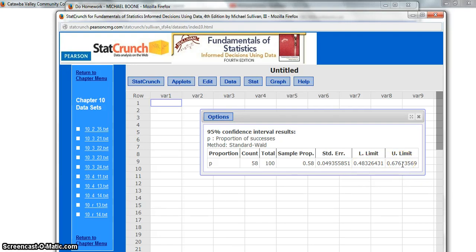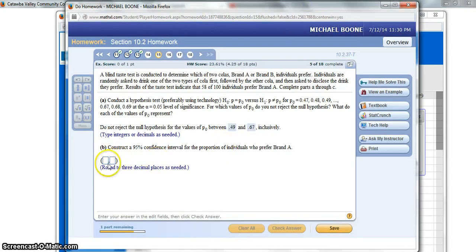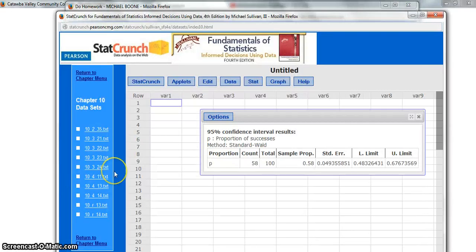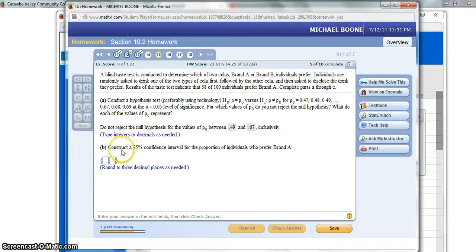I'm 95% confident that between 48% of the people and 68% of people will choose brand A. So it's not a great interval. It's kind of a wide interval. In 3 decimal places, so 0.483 and 0.677.